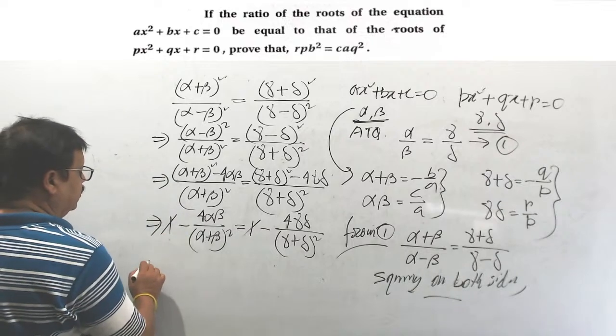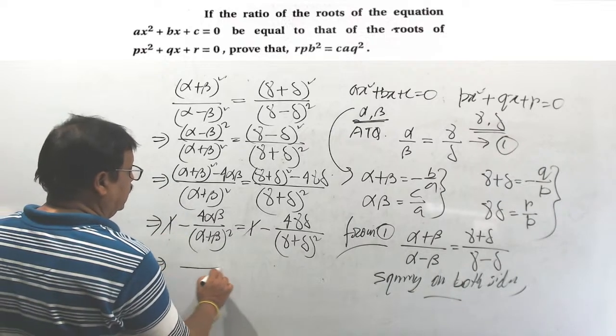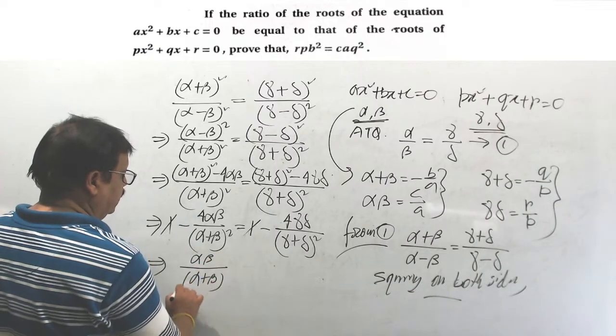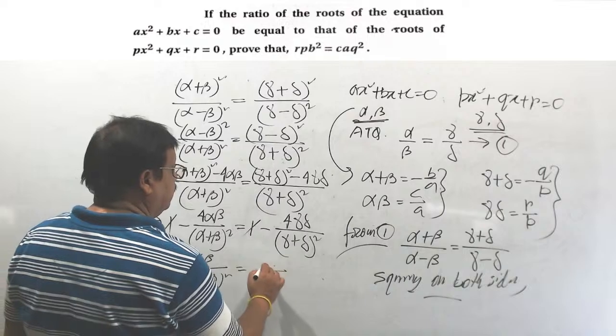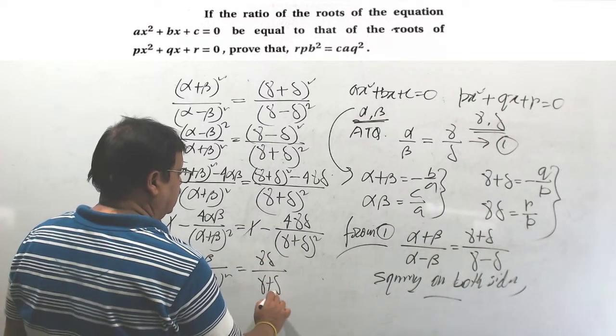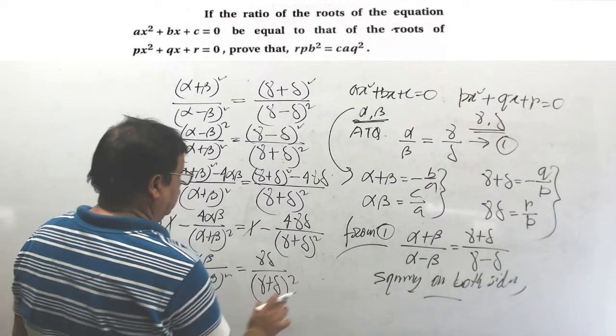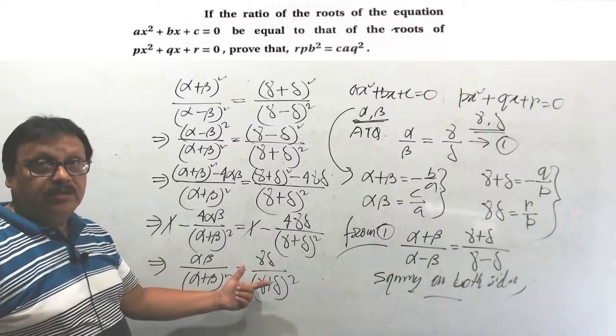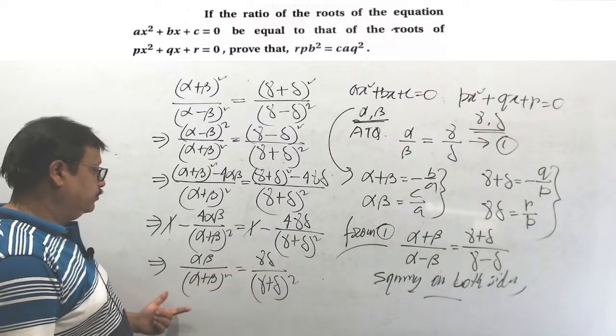That is, you are getting alpha beta by alpha plus beta whole square equals gamma delta by gamma plus delta whole square. Now put the values. You will get the required relation. Understood?